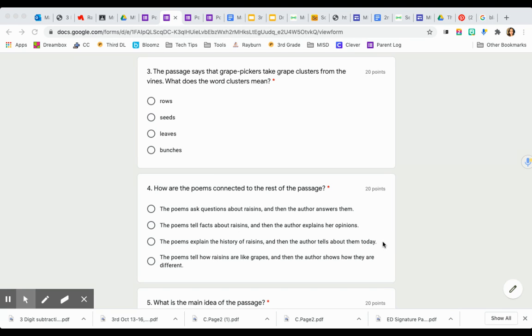The poems explain the history of raisins, and then the author tells about them today. The poems tell how raisins are like grapes, and then the author shows how they are different. Choose the best answer on how poems are connected to the rest of the passage.